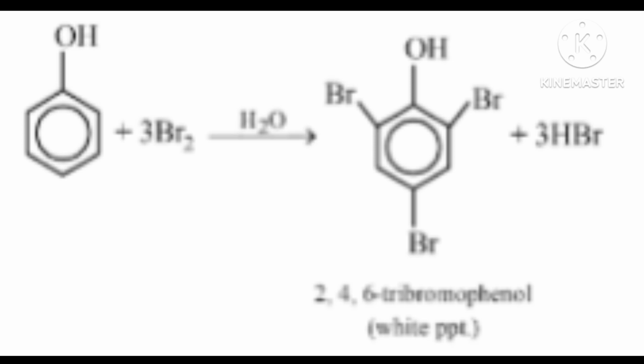Okay. Now the second condition I am telling you, when phenol is treated with bromine water, then what will it form? It will form 2,4,6-tribromophenol. Okay, it will give a white precipitate.